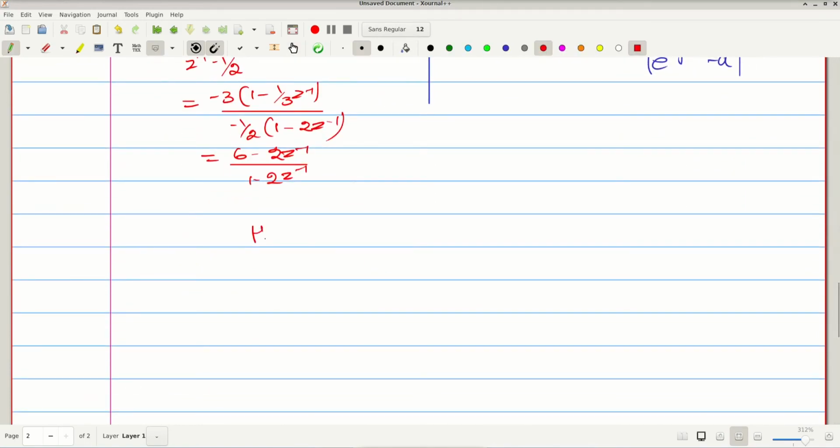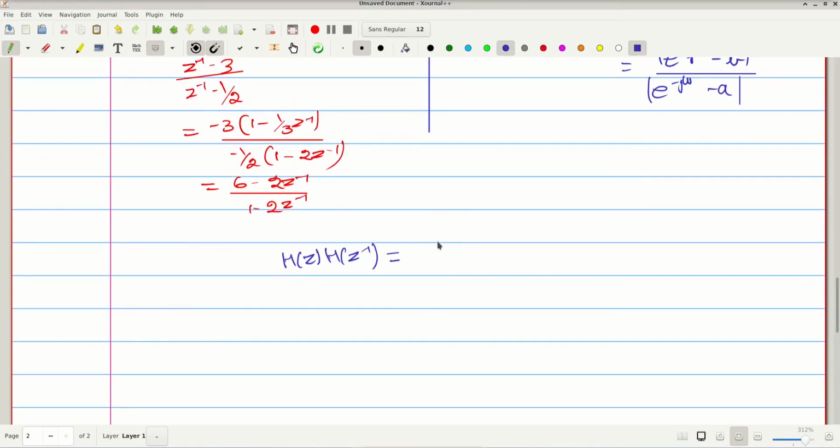Well, if you look at this particular transformation, h of z has zeros and poles. Let's look at h of z multiplied by h of z inverse. Then that yields, let's say over here, 1 minus bz inverse into 1 minus bz upon 1 minus az inverse upon 1 minus az.